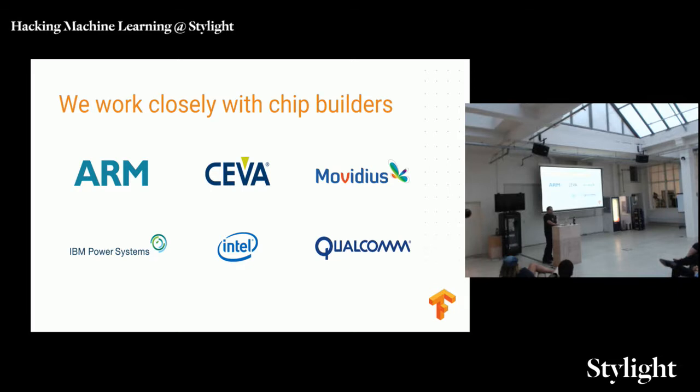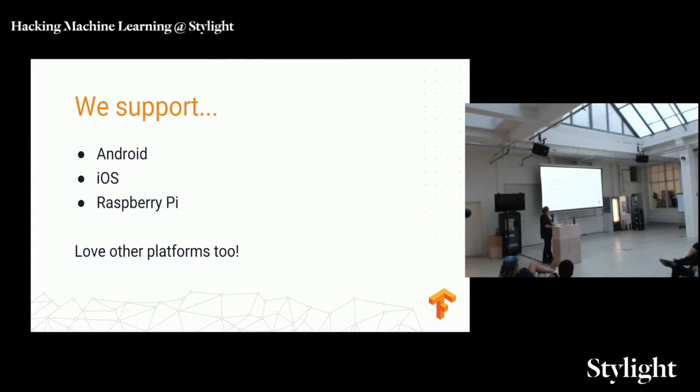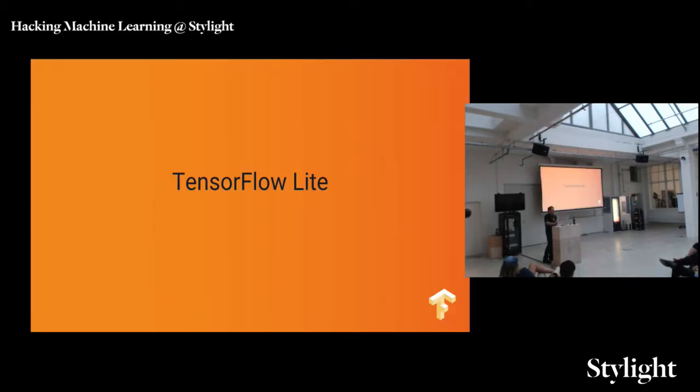Like, we're big fans of what Apple are doing with CoreML. We're keen supporters of that as well. And we're mainly focused on Android, iOS, and the Raspberry Pi. We do support other platforms to some extent, but these are the ones that we put most of our resources in, just because that's where most of our developers are actually asking us for help.